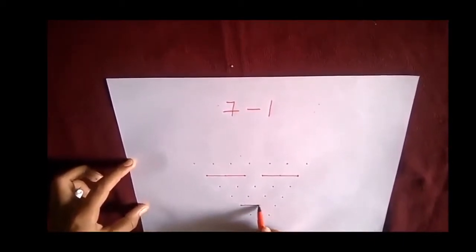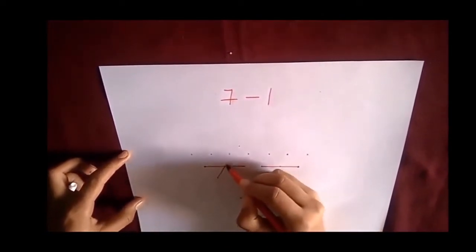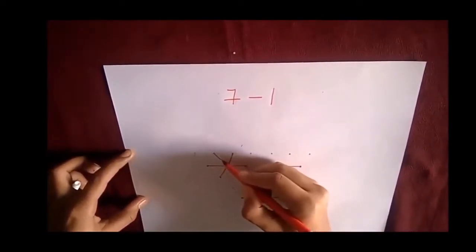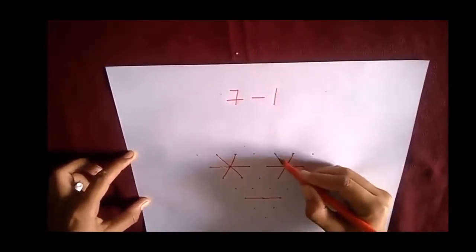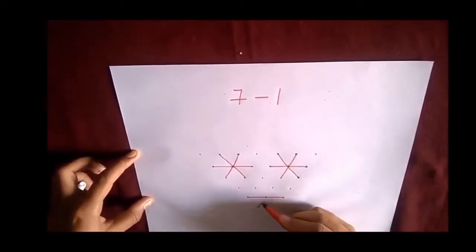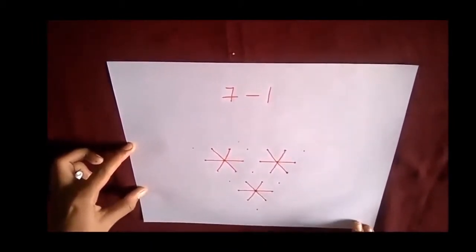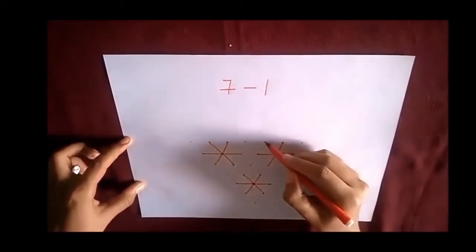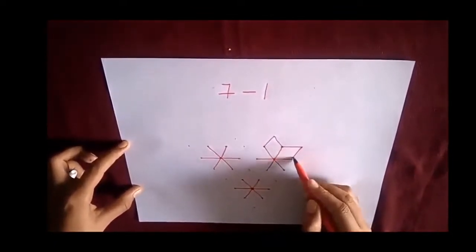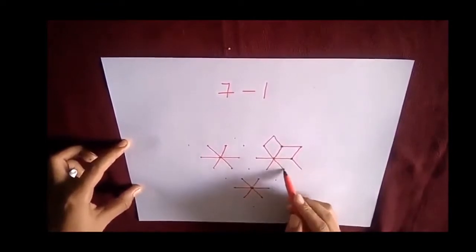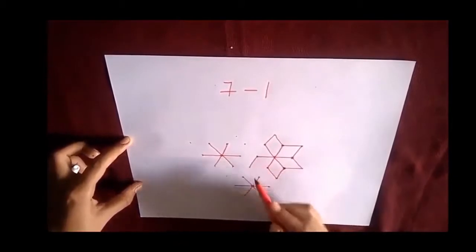First step. Done? Good. Then, yes, this type. Similarly, here also, and here also. Complete? Good. Try to make kite shape.